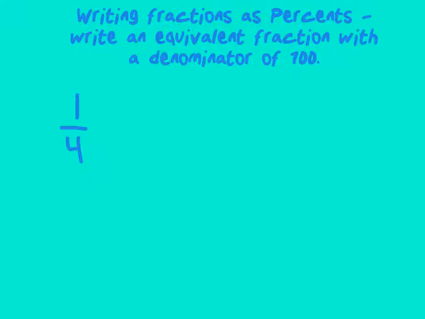Let's think to ourselves, what can we multiply the denominator by that would give us 100? I know that 25 times 4 gives me 100. Then I'm going to multiply the numerator by the same 25, and 25 times 1 is 25 as well.